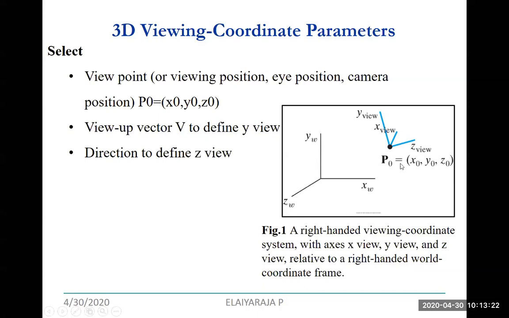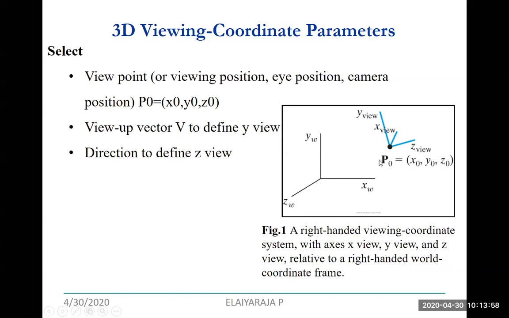This is the example for a right-handed viewing coordinate system with axes x view, y view and z view related to the right-handed world coordinate frame. We use both right-handed viewing as well as left-handed. What is the difference between them? In right-handed viewing, the positive axes x, y, z are going to be closer to the viewer. Suppose z is toward the viewer.